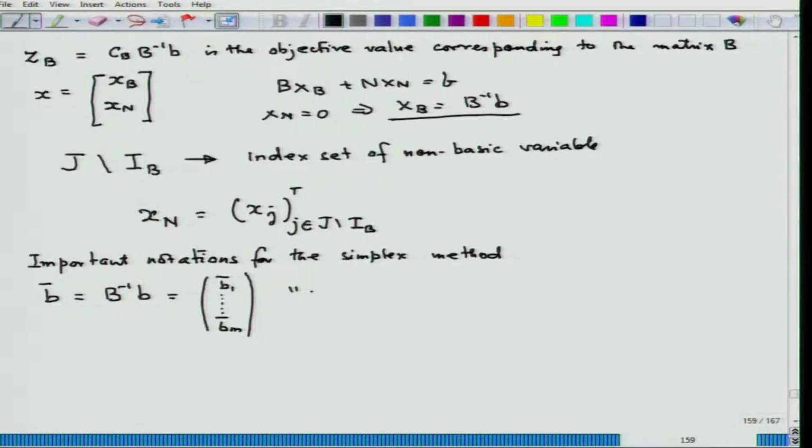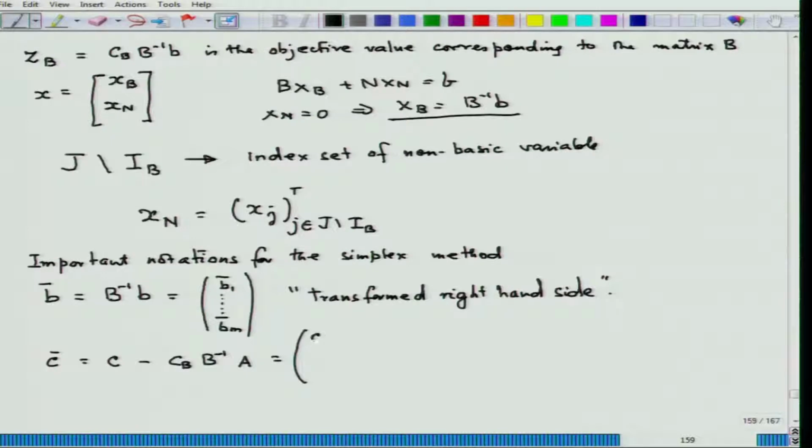It is also called the transformed right hand side. And now C bar, C minus CB B inverse A. Books would have CB transpose, but I want to remind that this is a row vector, so we have just taken it for simplification of the notation. This is called the reduced cost coefficient.